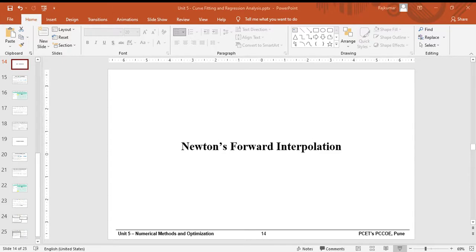For 30 40, the upper limit is 40, so your x naught will be 40. For the second, the range is 40 50, so the upper limit is 50. So 40, 50, 60, 70, 80, we are taking the upper limit only. And for each upper limit we need to find the corresponding number of students, that is y.